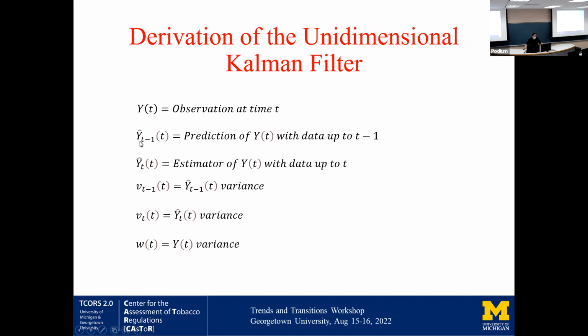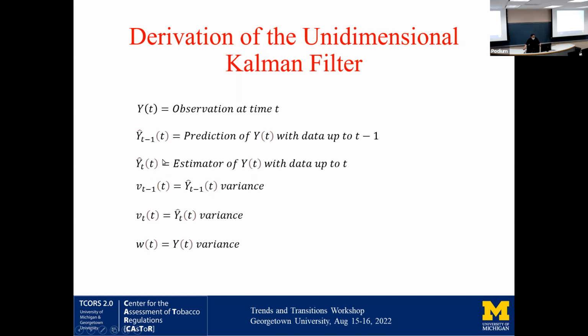So all the observation up to time t-1, all the state variables, data up to t-1, right? Then this is going to be the estimate of y of t, but with data up to time t. That means it includes the most recent observation.